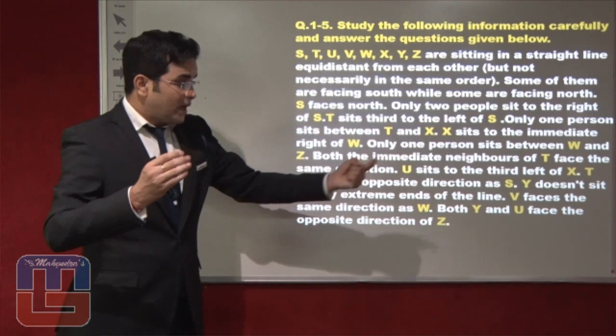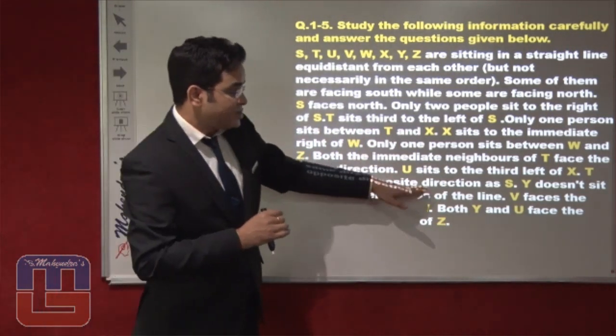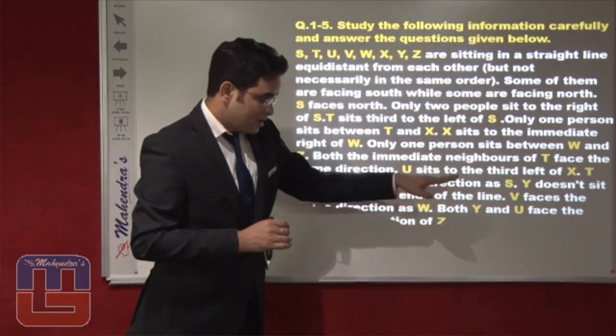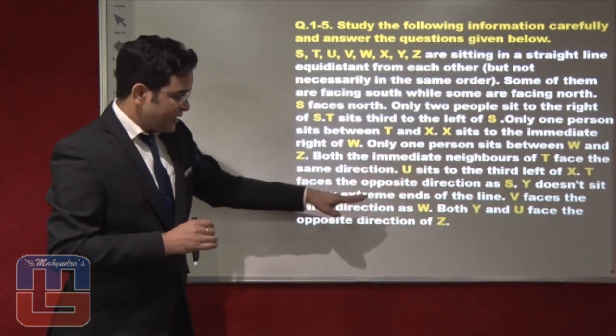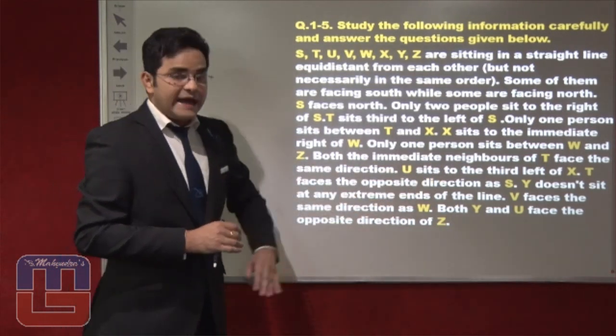U sits third to the left of X. T faces the opposite direction as S. Y does not sit at any extreme end of the line. V faces the same direction as W. Both Y and U face the opposite direction of Z.